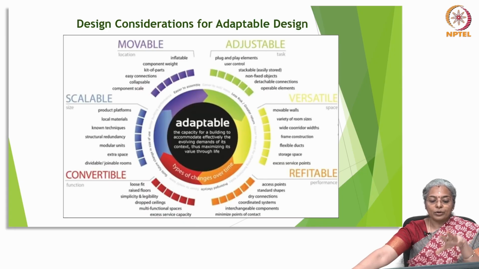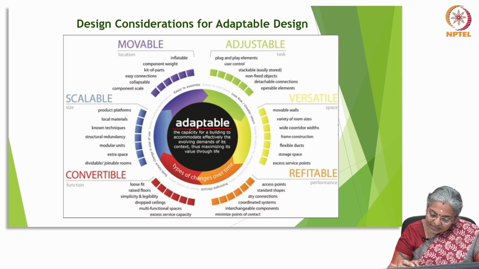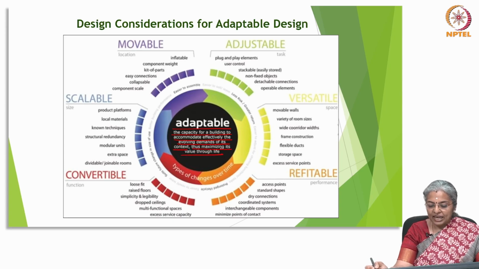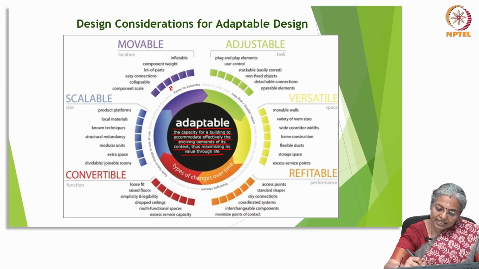So, we can now look at design considerations for adaptable buildings. If we look at it comprehensively, adaptable means the capacity for a building to accommodate effectively the evolving demands of its context, thus maximizing its value through life. This comprises various issues, such as it should be easy to assemble.